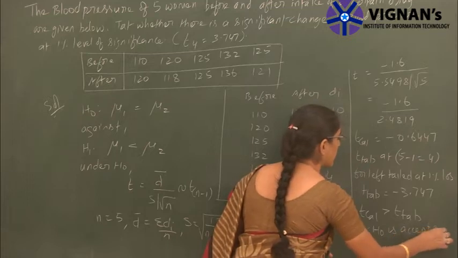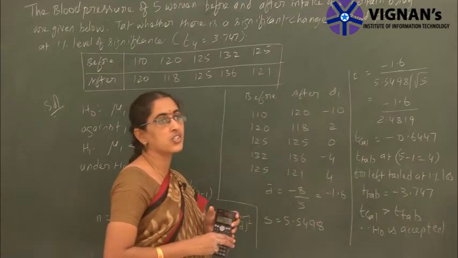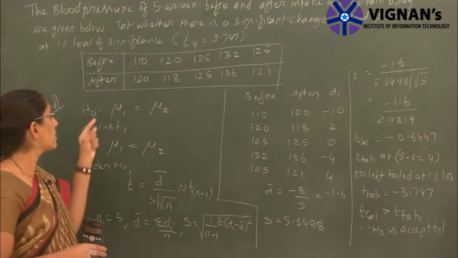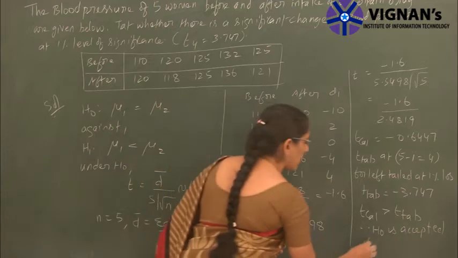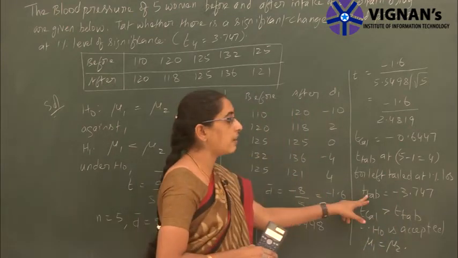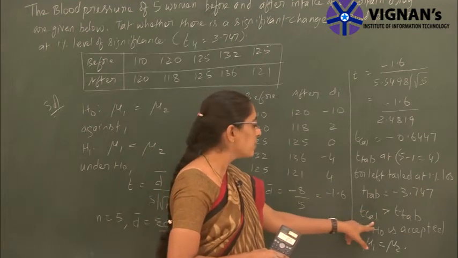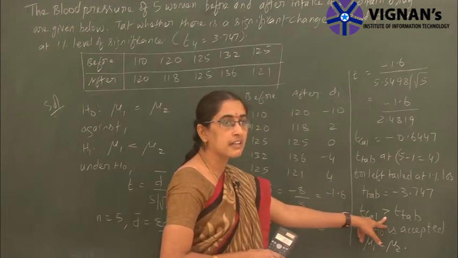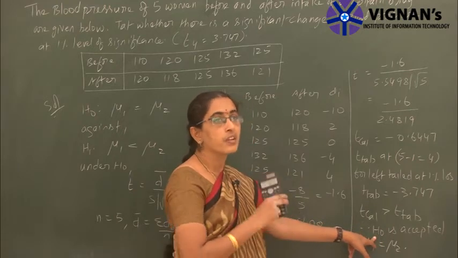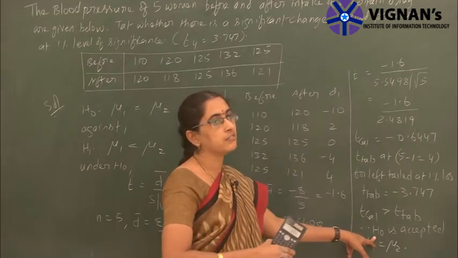H0 is accepted means here there is no change in the BP readings before and after taking the drug. So that means mu1 is equal to mu2 here. Okay. So since the alternative hypothesis is left side, whenever T cal is greater than T tab here, H0 is accepted. That is the reverse of the conclusion in the remaining tests here.